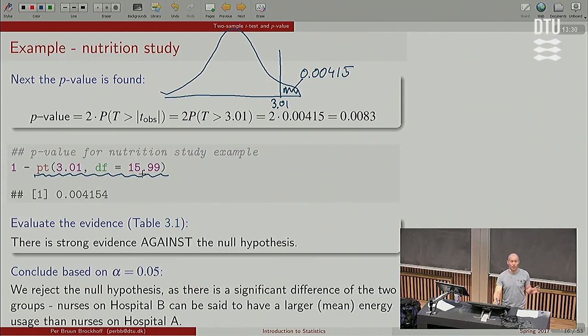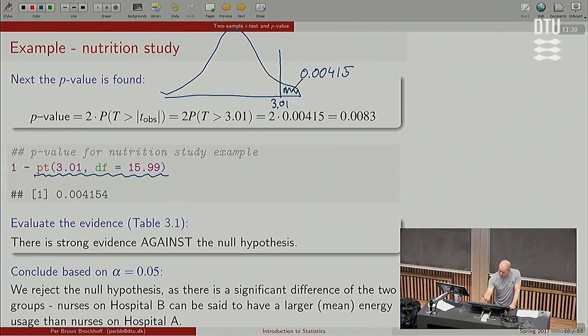You can plug in non-integer degrees of freedom. The function knows how to deal with it. PT is the probability of being to the left of 3.01. That's the definition of the P functions. So if I want the probability to be to the right, I say 1 minus PT, right?